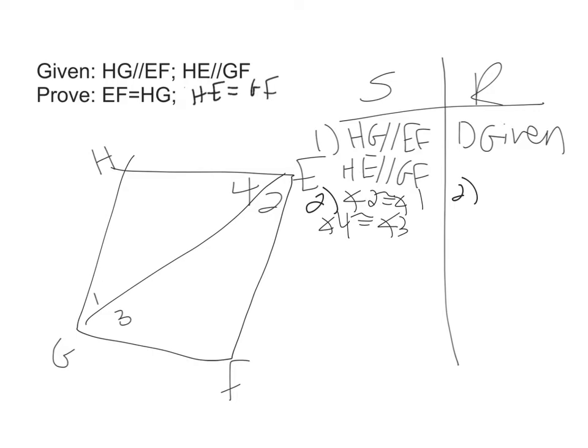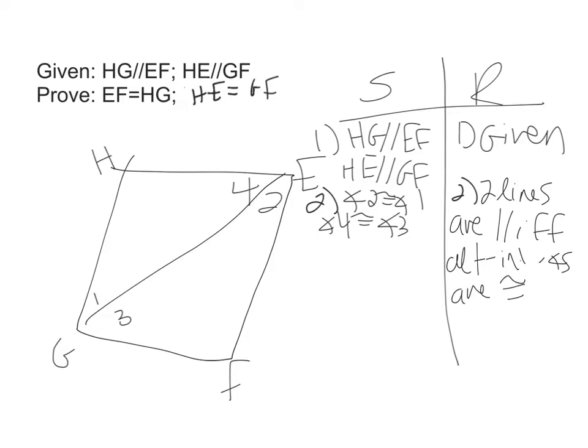The goal here is to prove that these two triangles are equal, and then use CPCTC to say that this is equal to this and this is equal to this. We know two lines are parallel if and only if alternate interior angles are congruent.